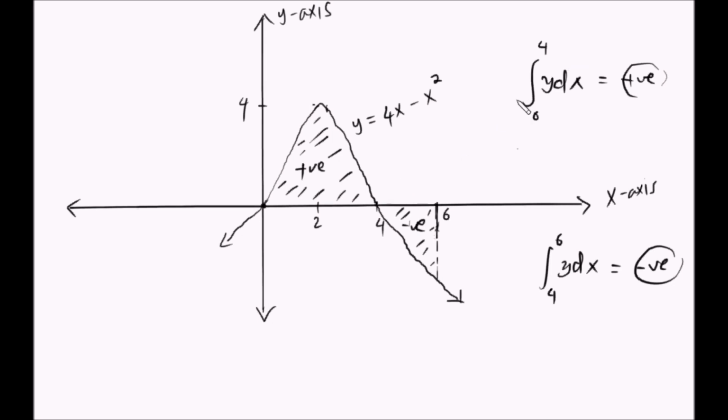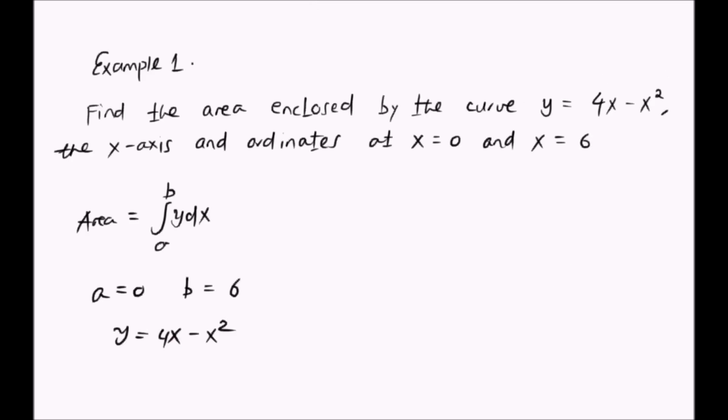So let us do now. Tutaanza kwanza na hii from 0 to 4. Kwanza na hii ambayo inaleta positive. So ngoja nirudi hapa. So we are going to have a 1 and a 2.